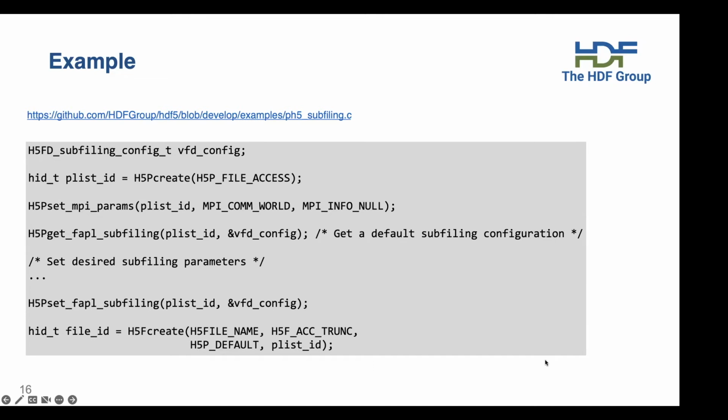Yeah, so that's kind of why we wanted it to be a little more configurable, because we assume that depending on the machine, maybe 1 per node may not give the best results, and so subfiling is fairly configurable in terms of how big the subfiles are, how many subfiles there are, and how many IO concentrators you use. So there may be a little bit of experimentation for different machines, but at least so far we found that 1 IO concentrator per node works pretty well on most machines.